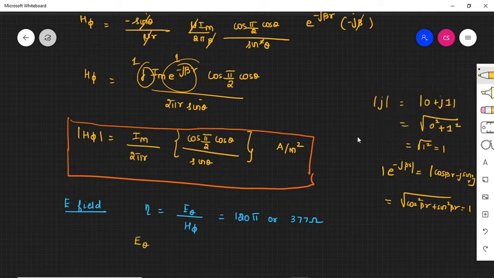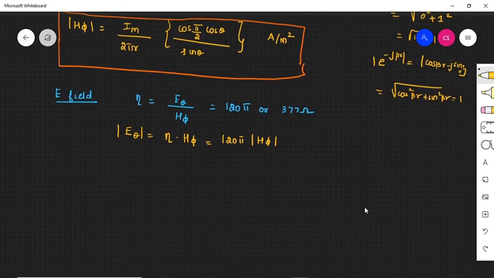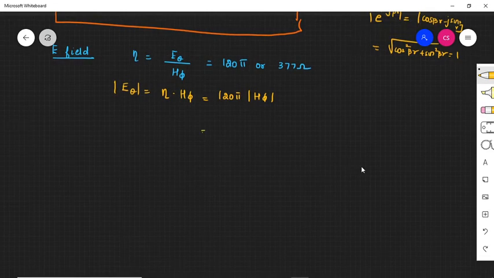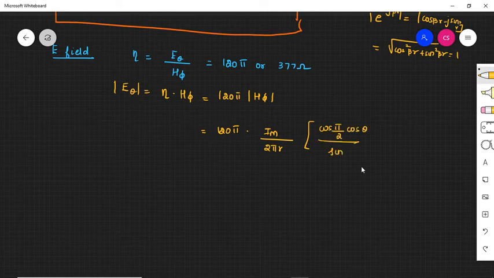So we can therefore write E theta is equal to eta into h phi, which is nothing but 120 pi into the magnitude of h phi. So we can substitute the value of h phi here. This is going to become 120 pi into, we know h phi is Im divided by 2 pi r into cos of pi by 2 cos theta divided by sin theta.